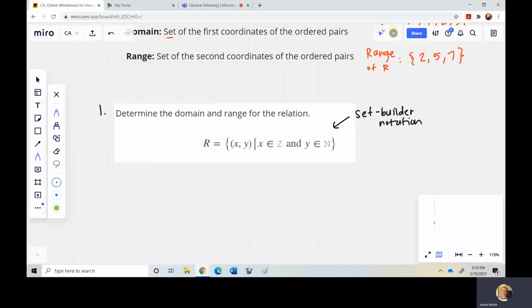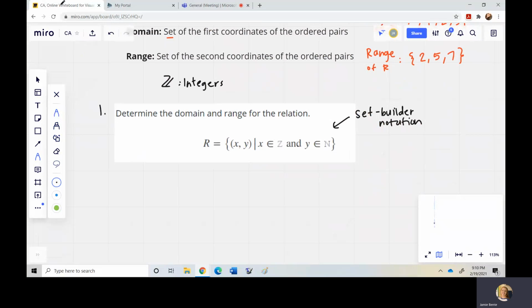It says that R is equal to the set of ordered pairs (x, y) such that x is an element of the integers and y is an element of the natural numbers. This fancy Z represents the integers.